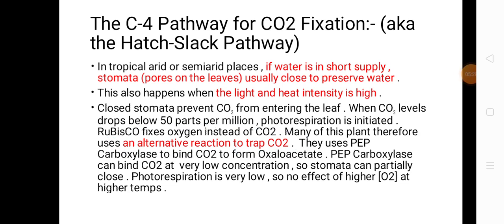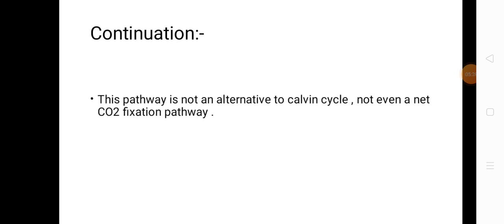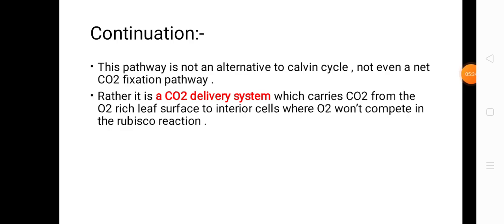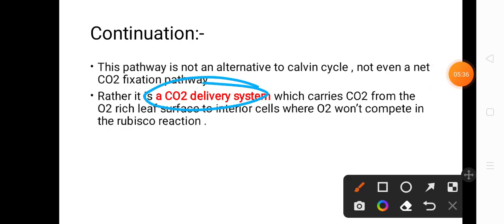Although it is not a CO2 fixation and not an alternative to the Calvin cycle, it is a CO2 delivery system to the interior portion of the plant, where O2 cannot compete with CO2, and as a result CO2 can easily bind with RuBP carboxylase for carbohydrate production. That is the main goal of the Hatch-Slack pathway.